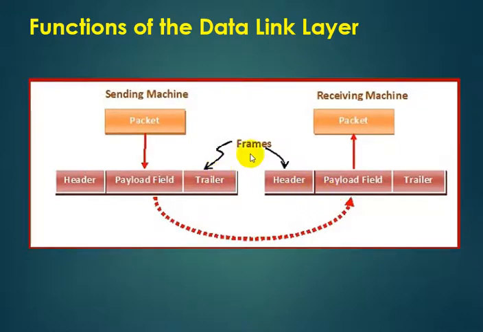Here also, the message received from the sending machine with the header, payload field and trailer is passed up as packets. So finally, whatever message the sender sends will be received by the receiving machine in the form of packets only. This is the relationship between frames and packets.